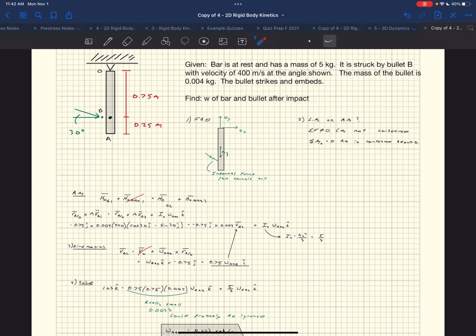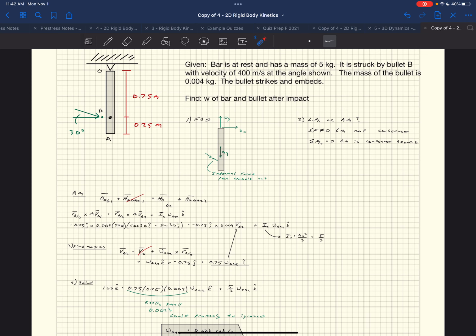The moment of inertia would be like ml squared over 12, and so it wouldn't get transferred in there. So I would ignore it from this I, and I would ignore it from that over there. If you're doing it this way, then you don't put the bullet in that I. But if you put the bullet in that I, you get to ignore this part. And so if it just says neglect the bullet after impact, just leave it out of that I and don't put it in there. Yep.